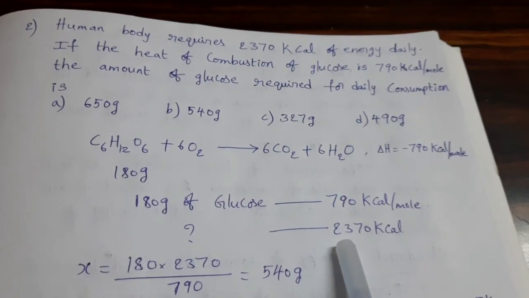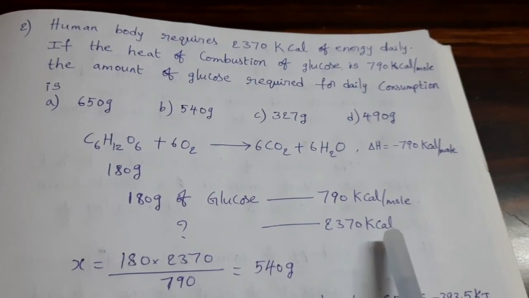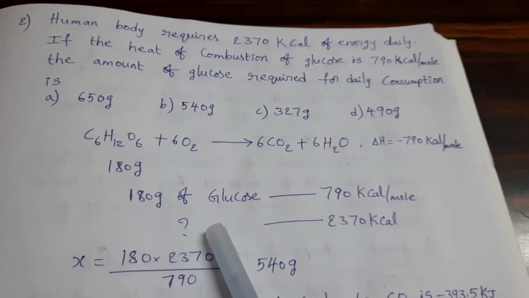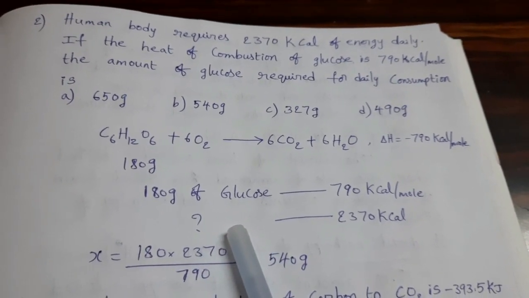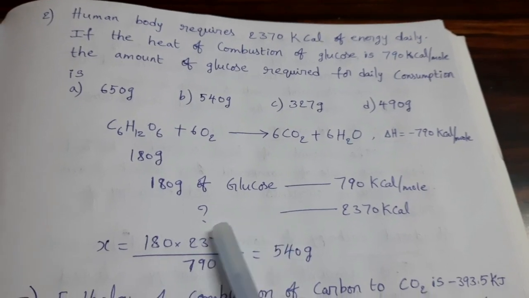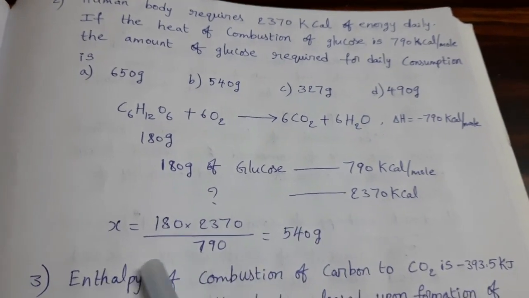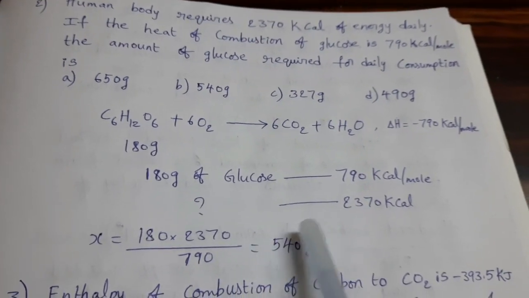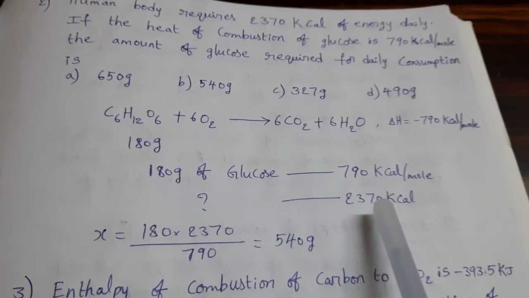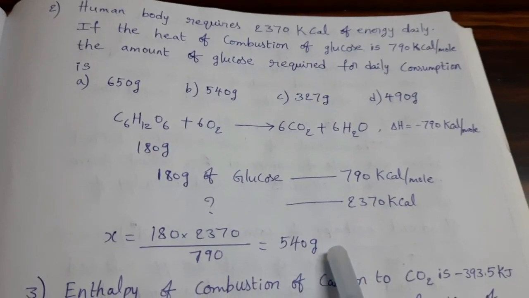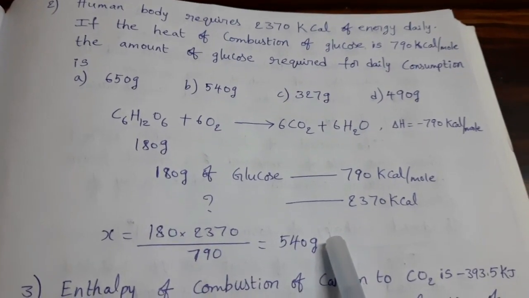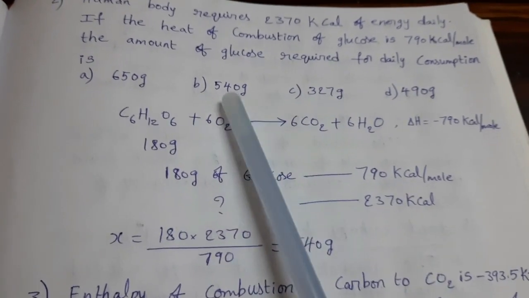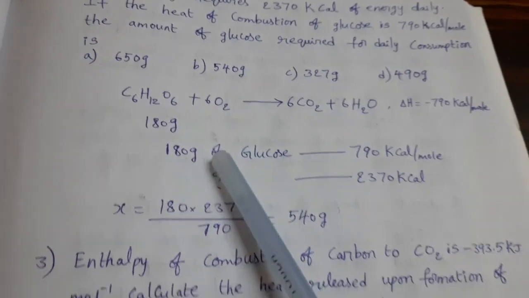For 2370 kilocalories of energy released, how much glucose is required? For that, do cross multiplication, then we can get it. That means 540 grams of glucose produce this much amount of energy. So this much glucose is consumed daily to produce this much energy. So option B is the answer.